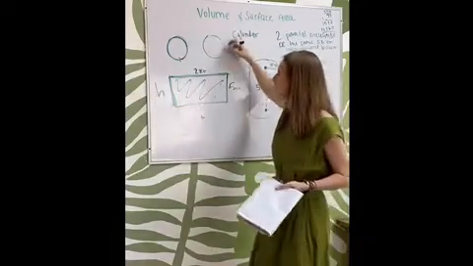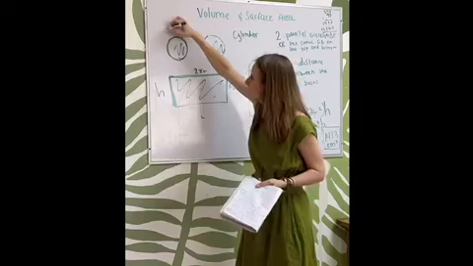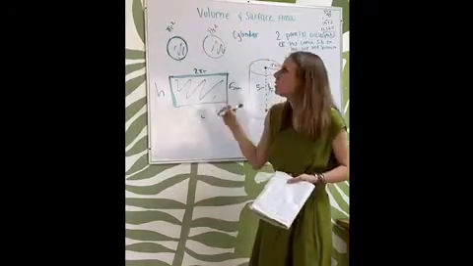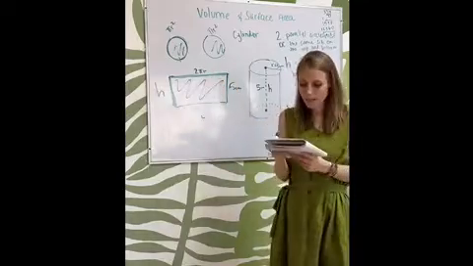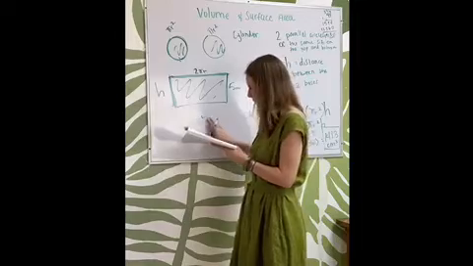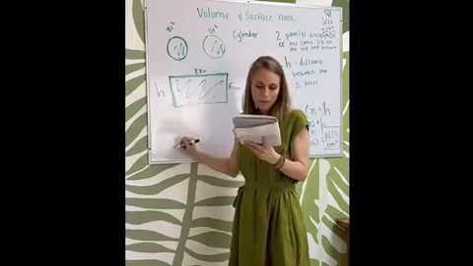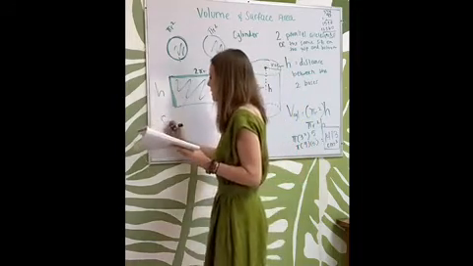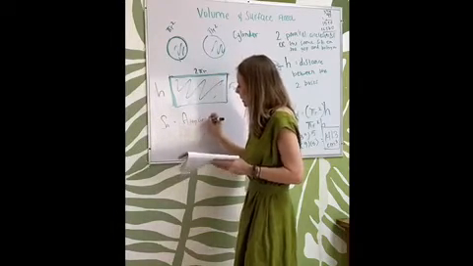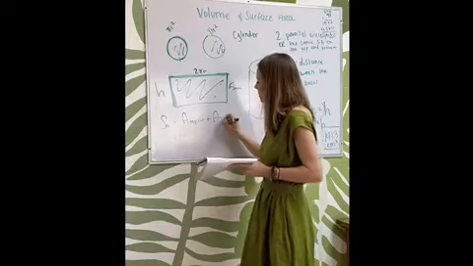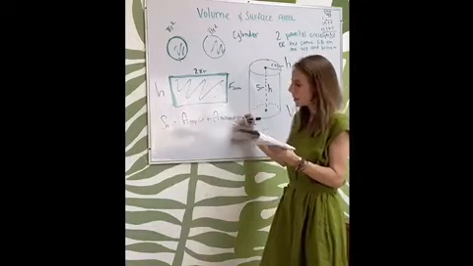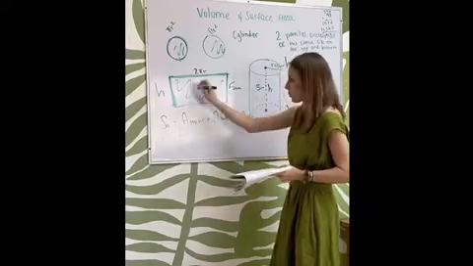And then we just need 2 times the area. So we have pi r squared and pi r squared here. So all that together is going to be the surface area. So we can write it down a little more concisely maybe. Basically, the surface area is the area of the top circle plus the area of the bottom circle, right? Plus the area of what we're going to call this rectangle.